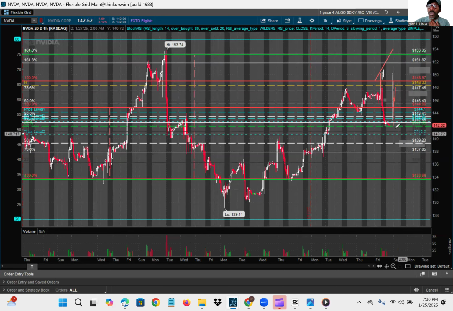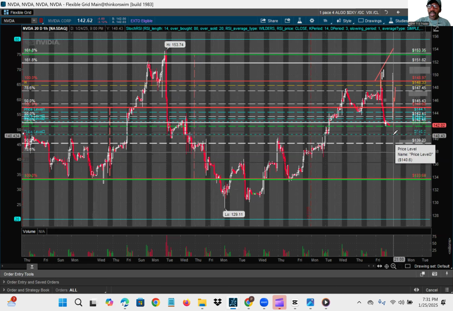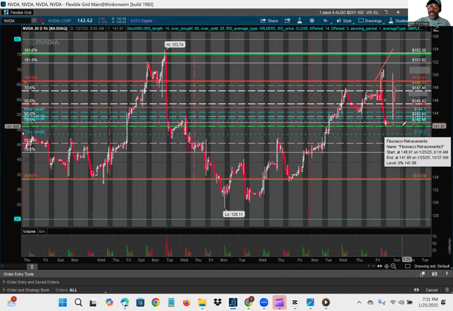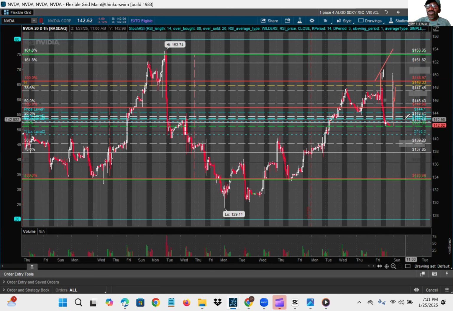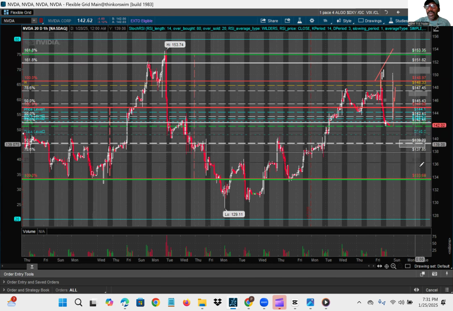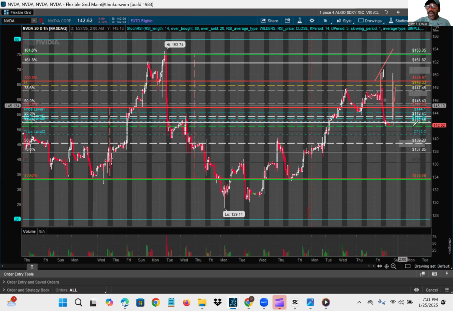If it opens up and bounces back up, resistance 141, 143, and comes back down, then it's going to retest. But if it goes here, it's going to there. If it comes up here, it's going to come up to 140.